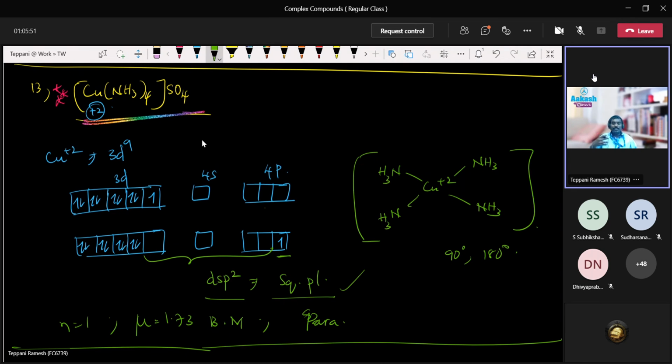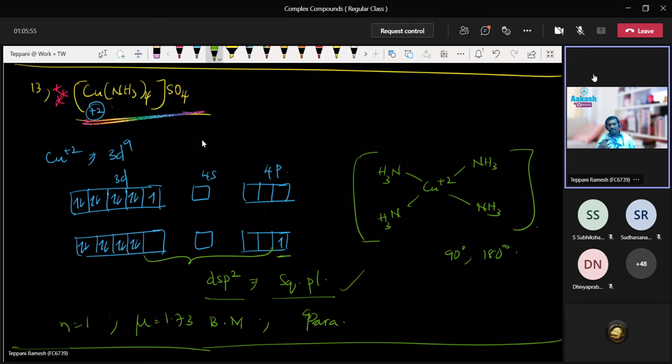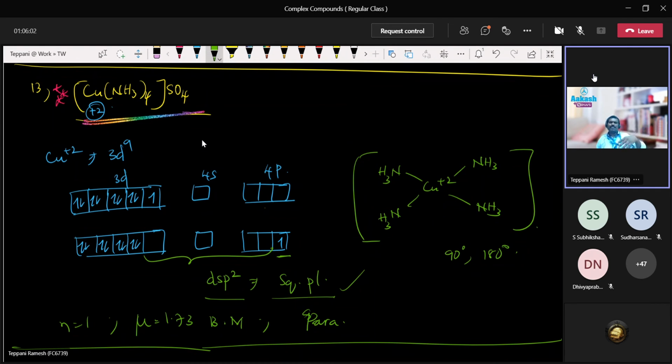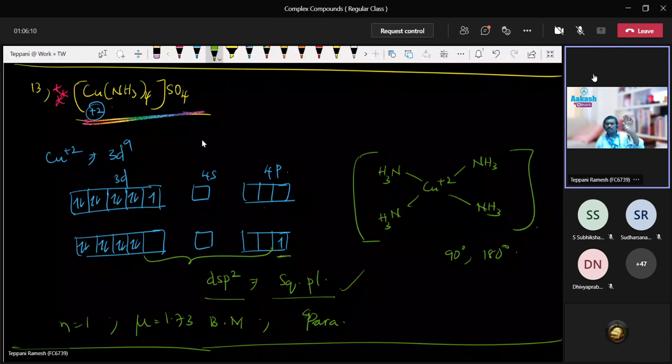But we are learning so many things from VBT also. VBT also gives explanation for many things, but some cases are abnormal. After that, crystal field theory, next ligand field theory. No theory is 100% correct. Every case has positives and negatives. Got it?